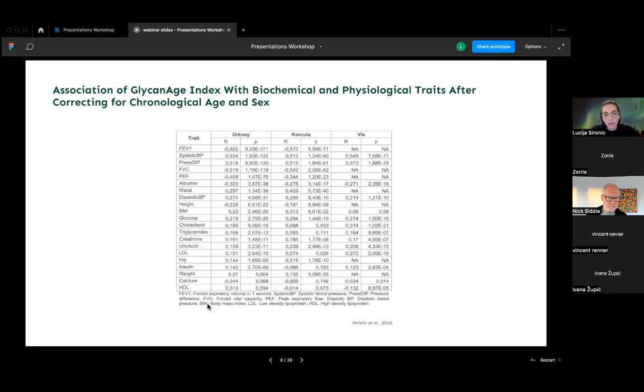We've shown that our GlycanAge associates very well with all of these parameters, and you can see some of them are components of lipid profile, weight, height, insulin, calcium, albumin, spirometry measures, blood pressure, and so on. And using such information is something that we base our GlycanAge on, and it's important to bear in mind that if GlycanAge is not as good, something might be wrong with one of these parameters.